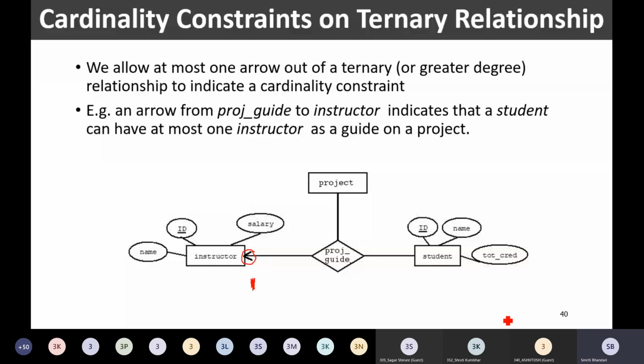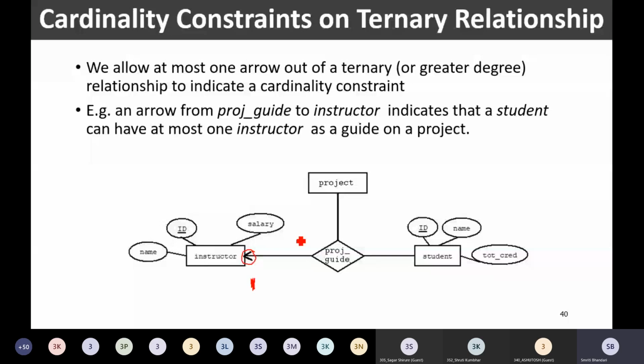This is the way we are denoting the cardinality constraint for the ternary relationship. So this is one way, that we are having at most one arrow out of this ternary relationship, that is indicating some cardinality constraint.